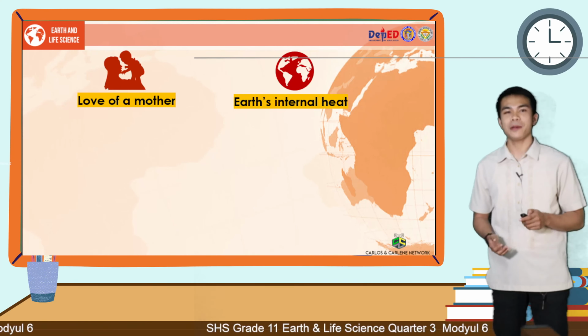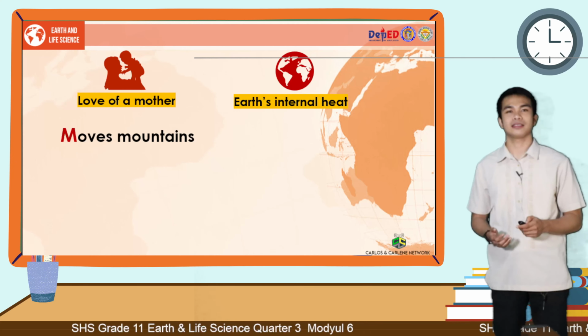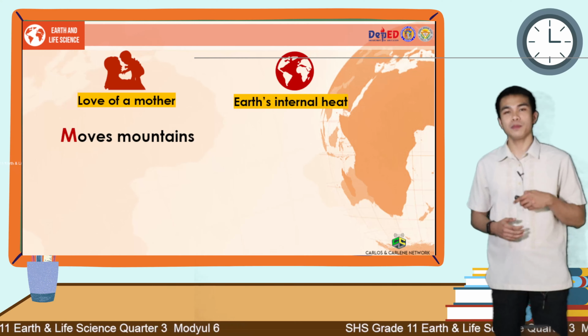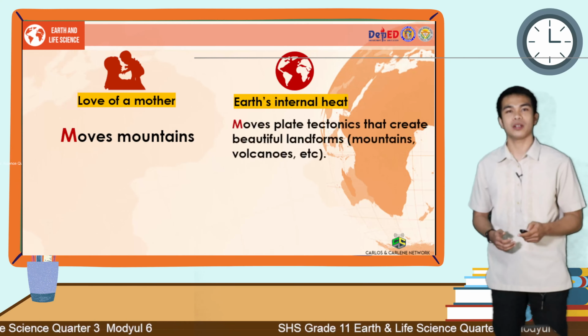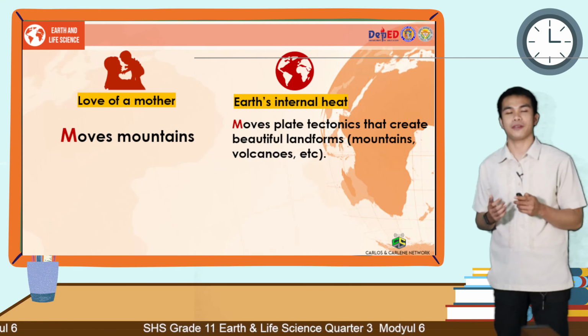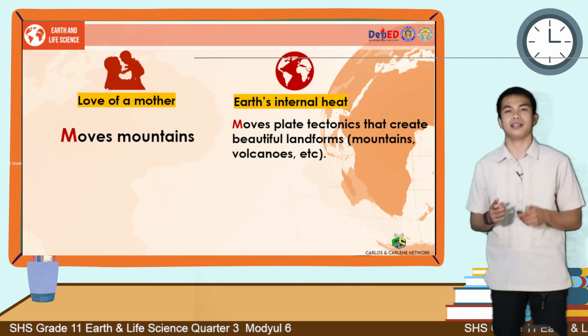So the love of a mother moves mountains. Just like the love of a mother, the Earth's internal heat also moves mountains. How? It moves plate tectonics that create beautiful landforms such as mountains, volcanoes, hills, and etc.